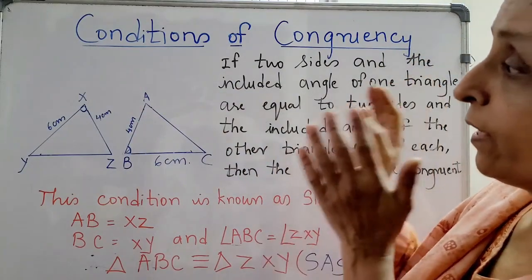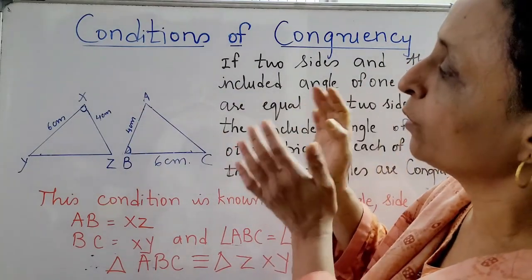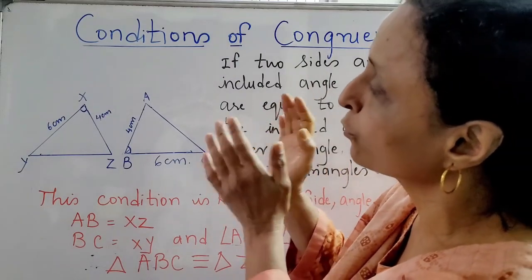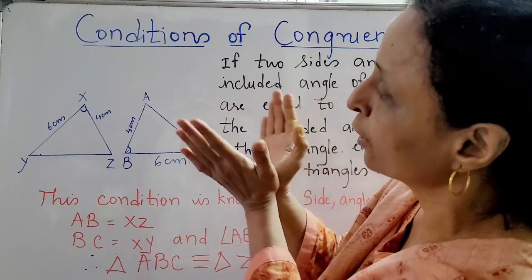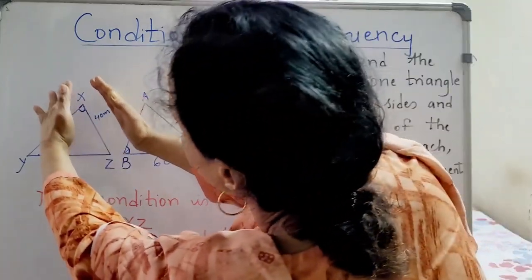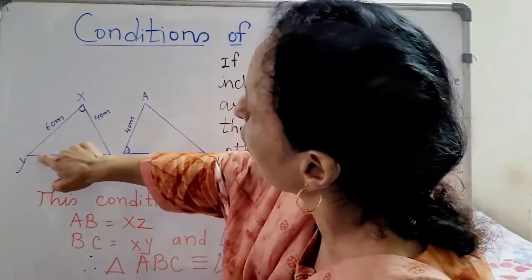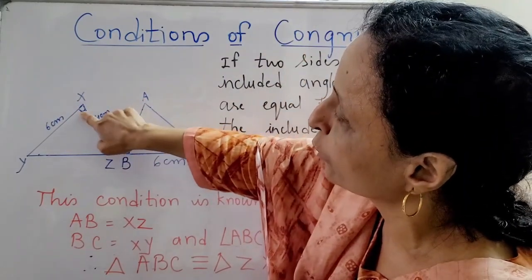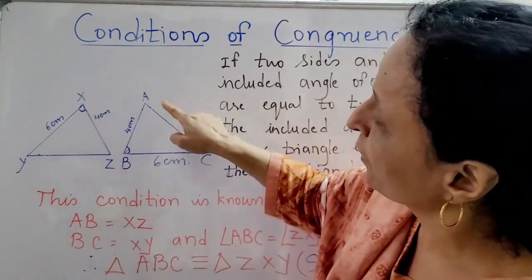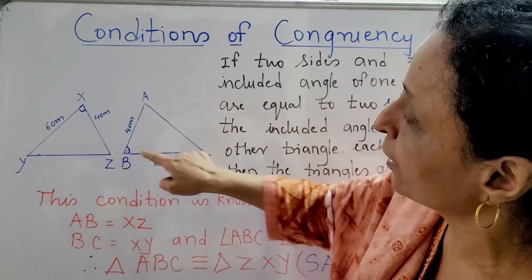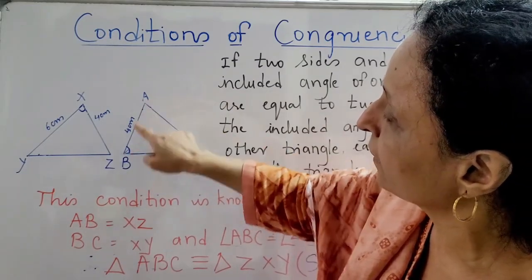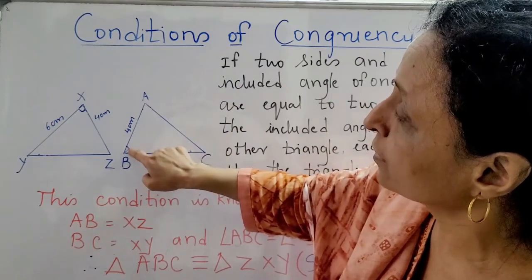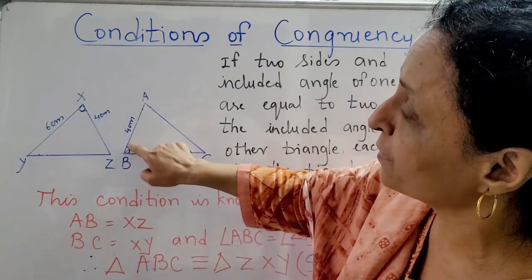Now here it is very important that the angle which is to be equal has to be included by the two congruent sides. Two congruent sides XY, XZ. Here the angle YXZ is the included angle. And here in ABC, the included angle by AB and BC is this angle ABC. So this included angle is equal.